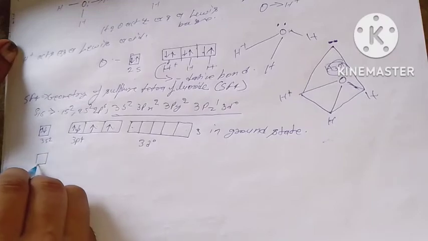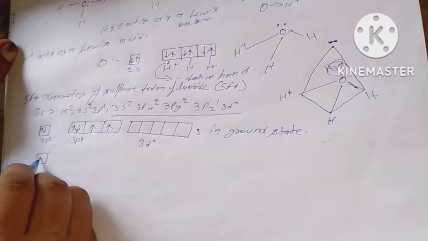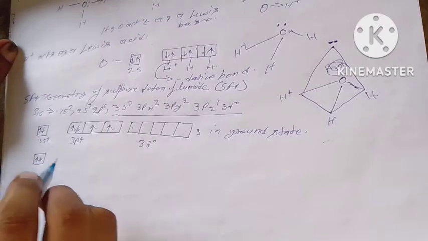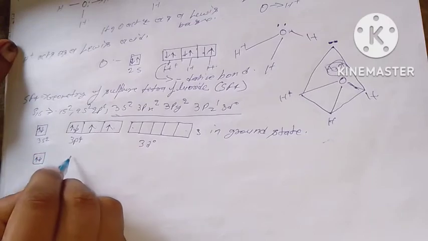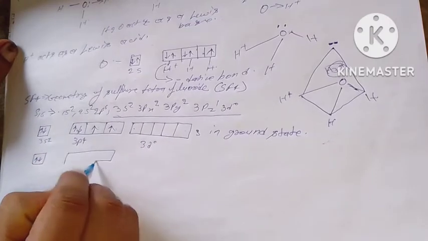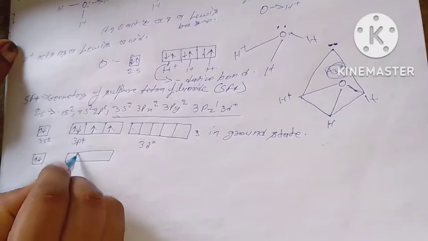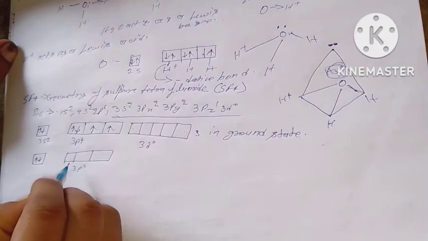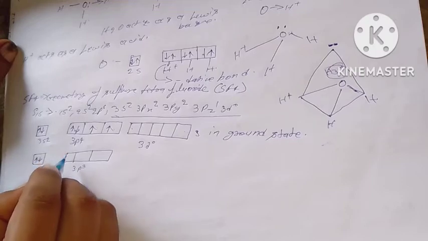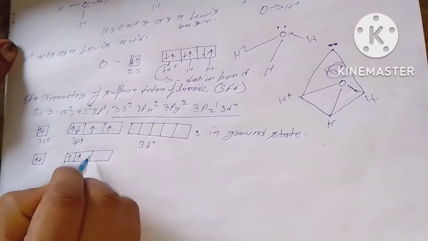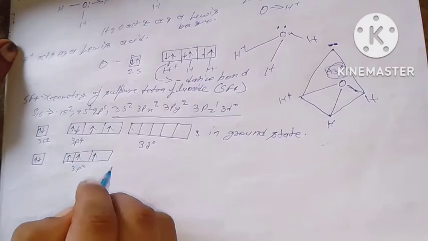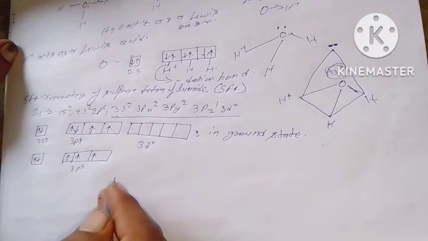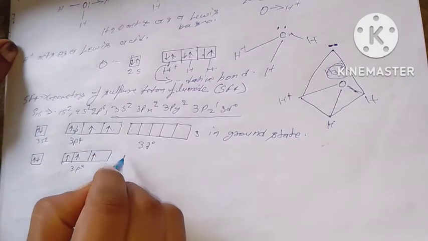And sulfur in the first excited state is converted like this. Sulfur 3s2 becomes 3s2, 3p3, and only 3 electrons are present in the p orbitals, and 1 electron is moved to the d orbital.